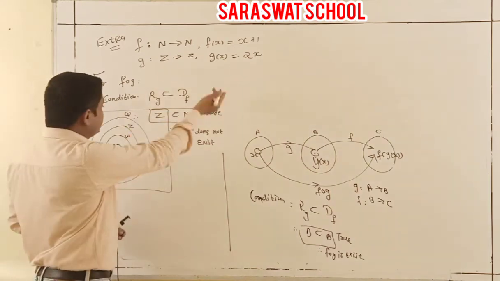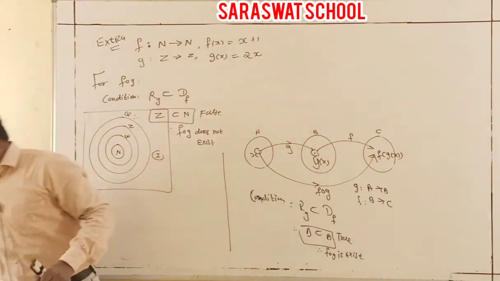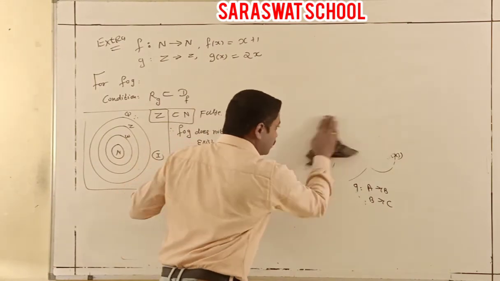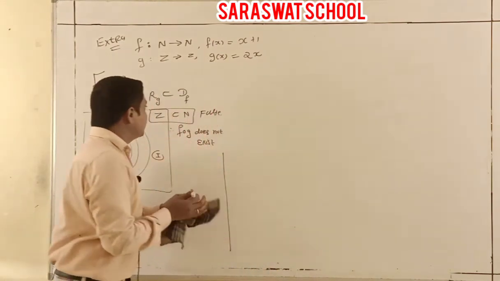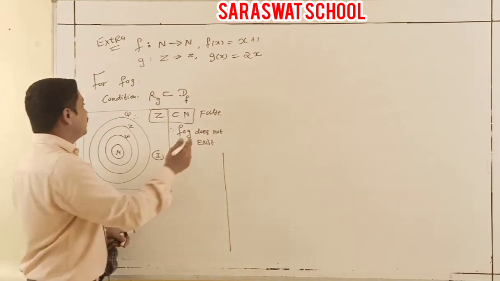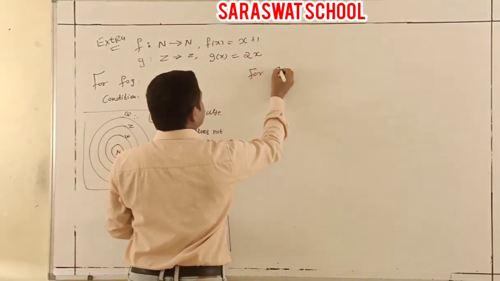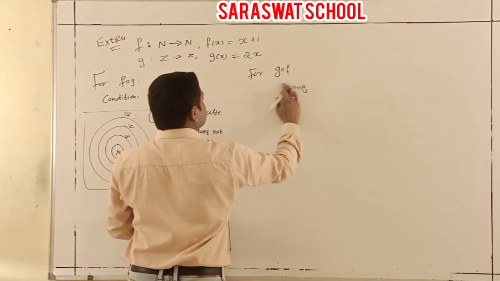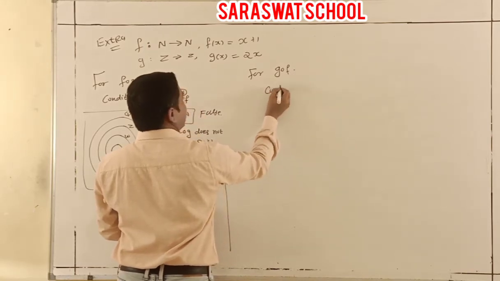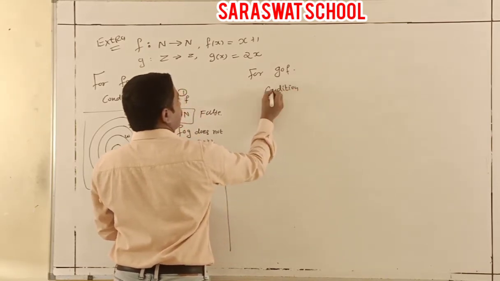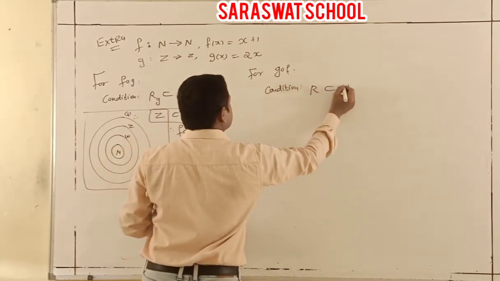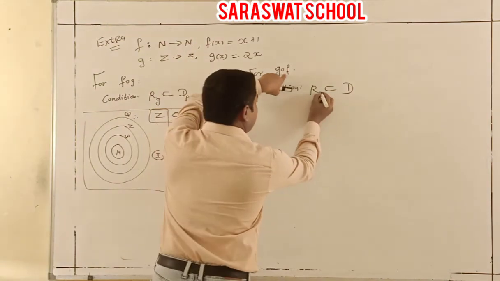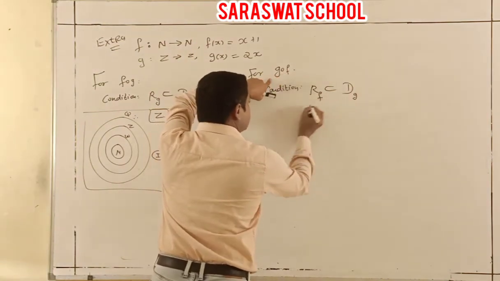Now I go further to g of x, then I explain similarly. But students, here the condition is necessary. You first check it. Now I do g of f. The same range subset domain condition is there. What is the condition? Range of f is a subset of domain of g.